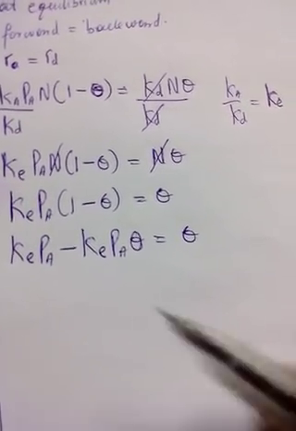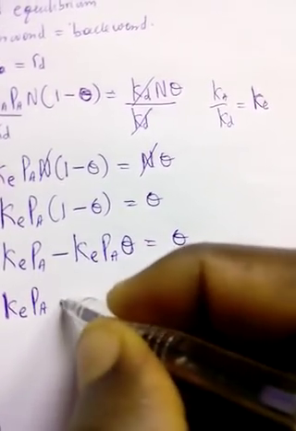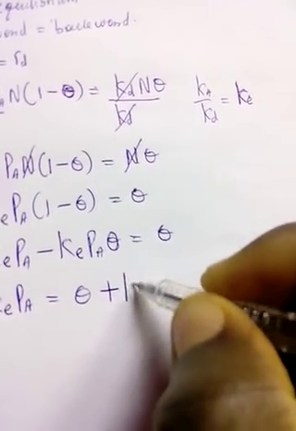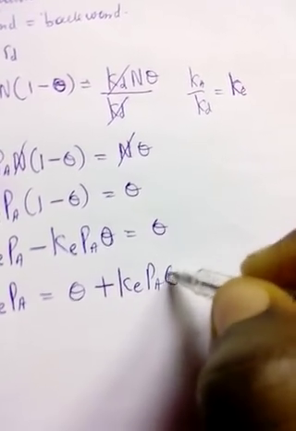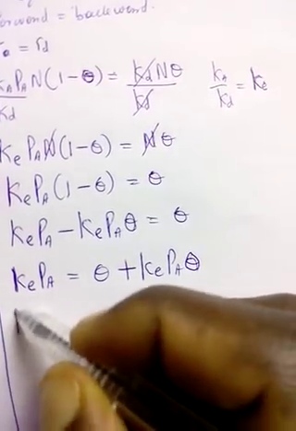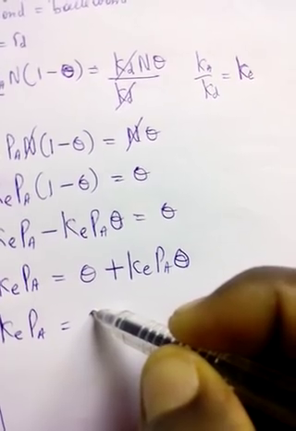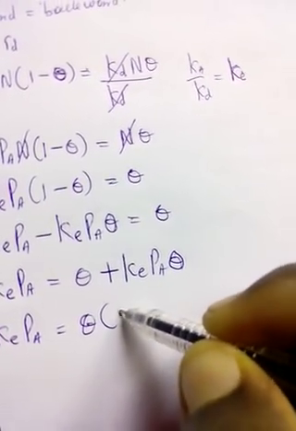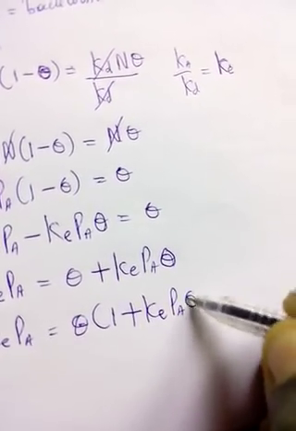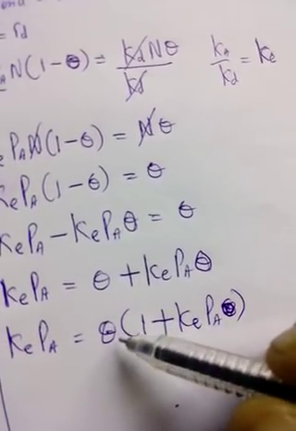Now we factorize theta out: K equilibrium PA equals theta into bracket 1 plus K equilibrium PA.